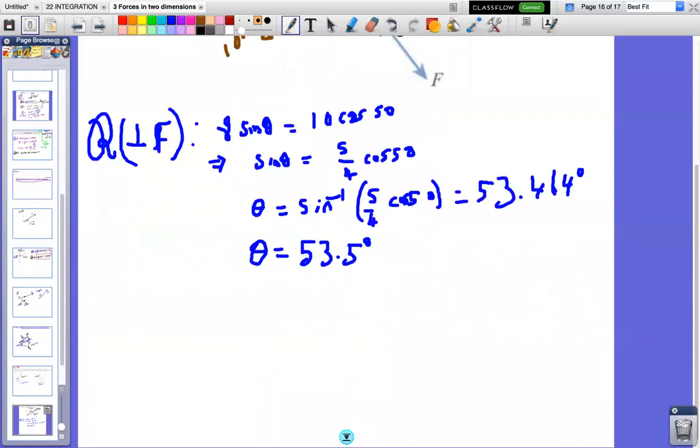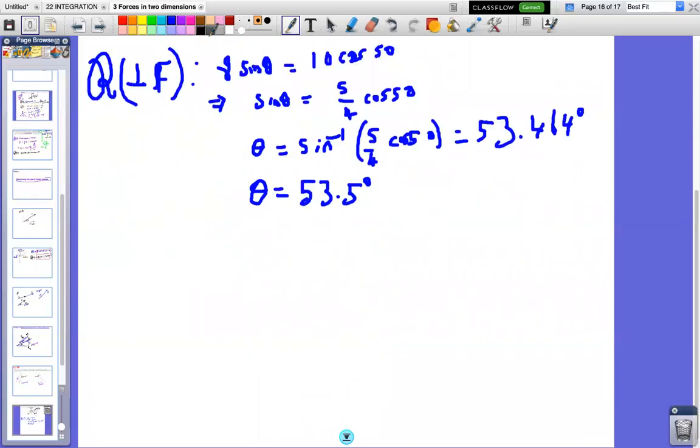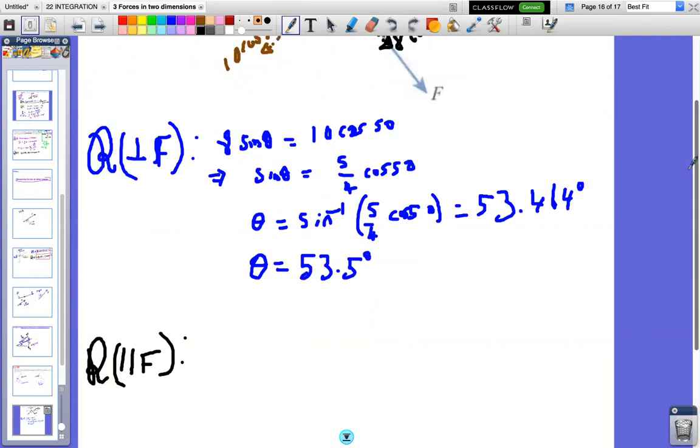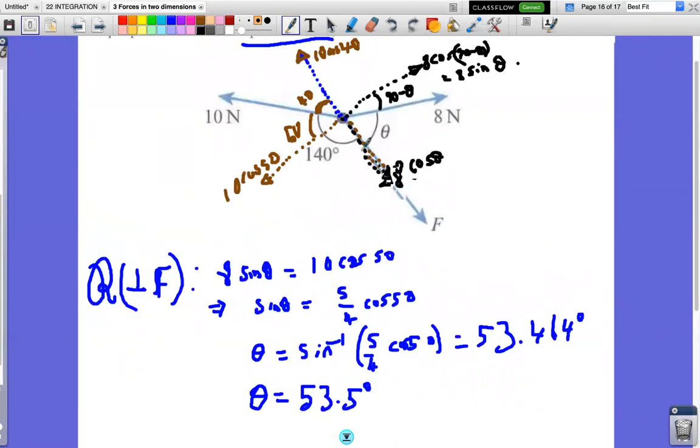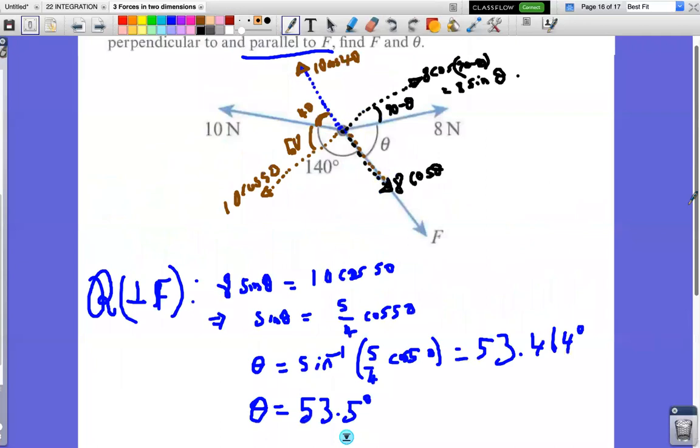Next, we have to resolve parallel to F. We apply Newton's second law along this line. So we will have what?